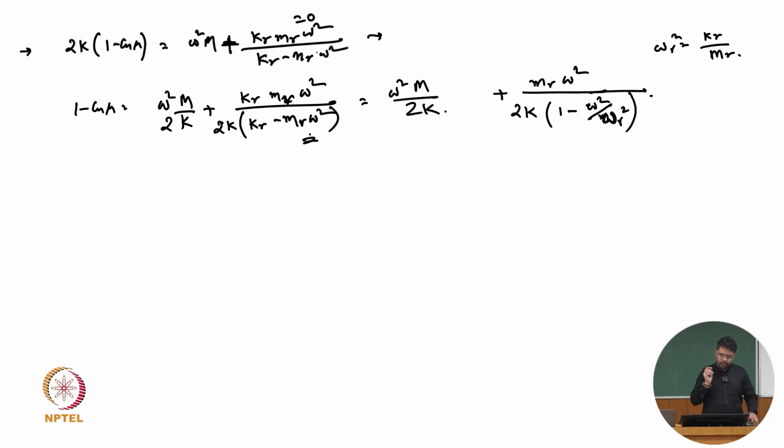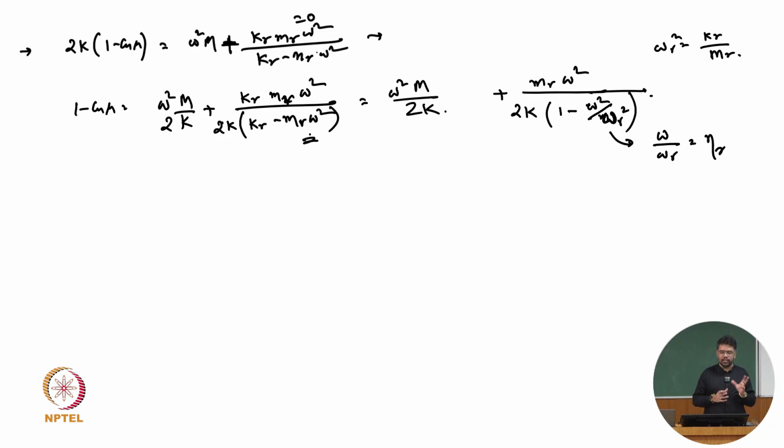Okay. Now once we write it in this way, we can express omega by omega_r as eta_r, which is basically the frequency ratio, that is, the excitation frequency divided by the frequency of the resonator.